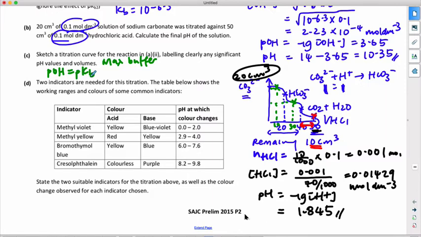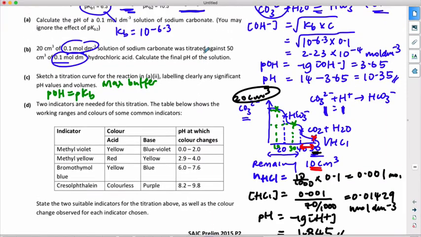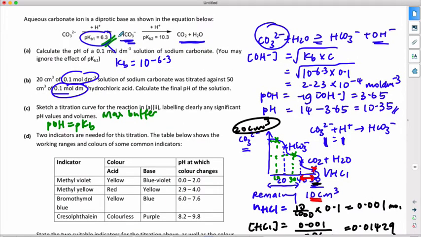You can see that I've given you the 2 pKb values. So pOH equals pKb1, which is 6.3, which means pOH equals 6.3, which means pH equals 14 minus 6.3. That gives you a value of 7.7. So this is 7.7.